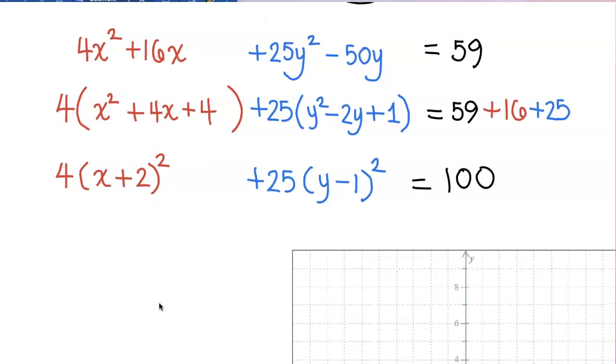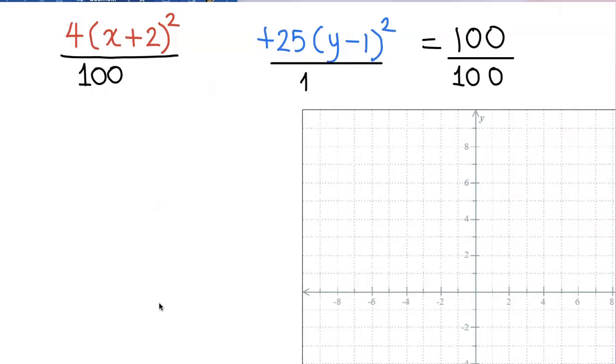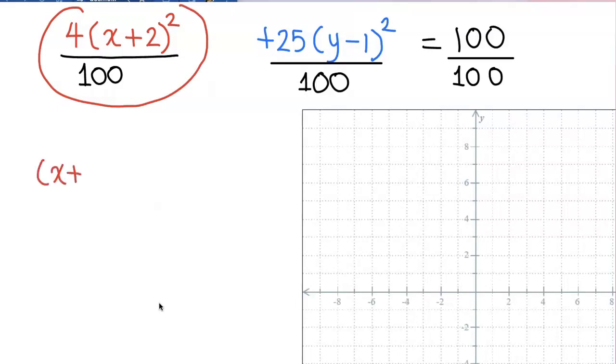So after that, we are now going to divide everything by 100. The goal is to have 1 on the right side. So divide everything by 100. Divide this fraction by 100. Divide this fraction by 100. Okay? If you reduce this first fraction, you're going to get x plus 2 squared over 25.